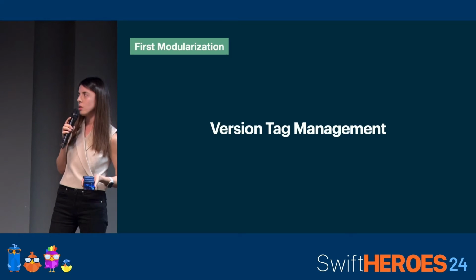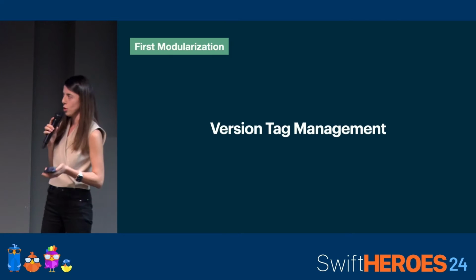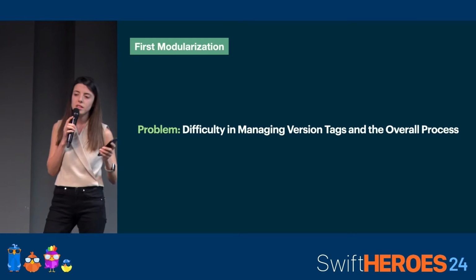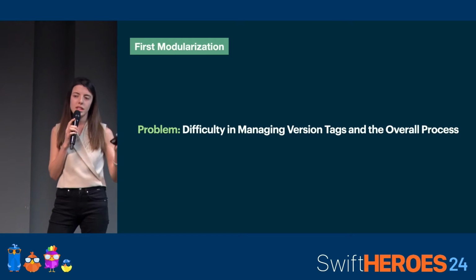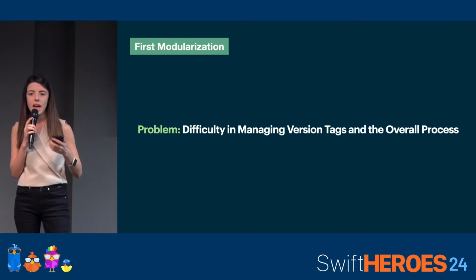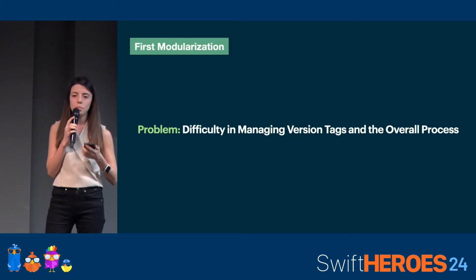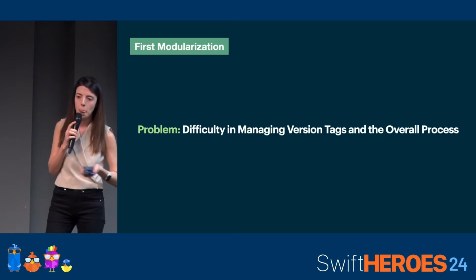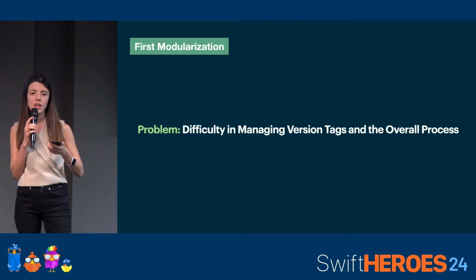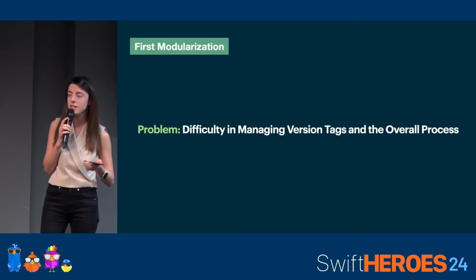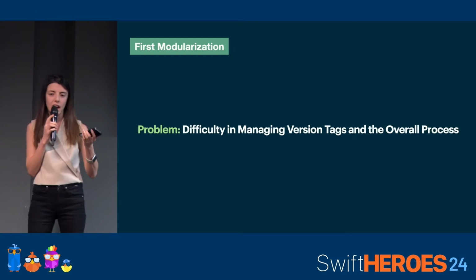Now we can talk about what our problem was in this process. Okay, at the start, our team was just 15 developers, and over the years, our developer numbers have increased. Because of that, from time to time, we had to manage some conflicts. It happened in the version tag IDs.